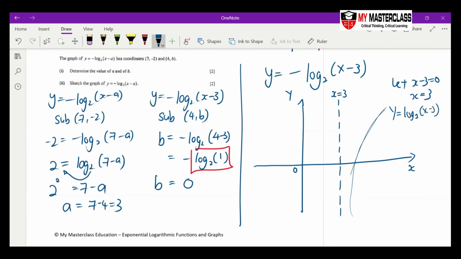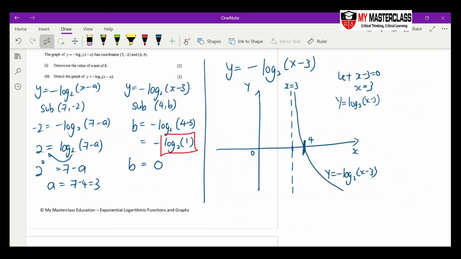But this is y equals log base 2 of x minus 3. If I put a negative in front, what happens? It will reflect downwards. This is y equals negative log base 2 of x minus 3. If this asymptote is 3, what is this value here? It's just one step in front only, so this is 4.